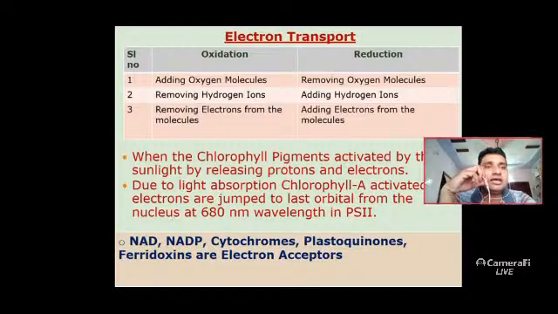You know what a donor and a receptor are. A donor is the substance or molecule which donates something, whereas acceptors or receptors are the substances or molecules which receive something from others. Here some electron acceptors are there, because I already told you electrons are evolved in the photolysis of water.